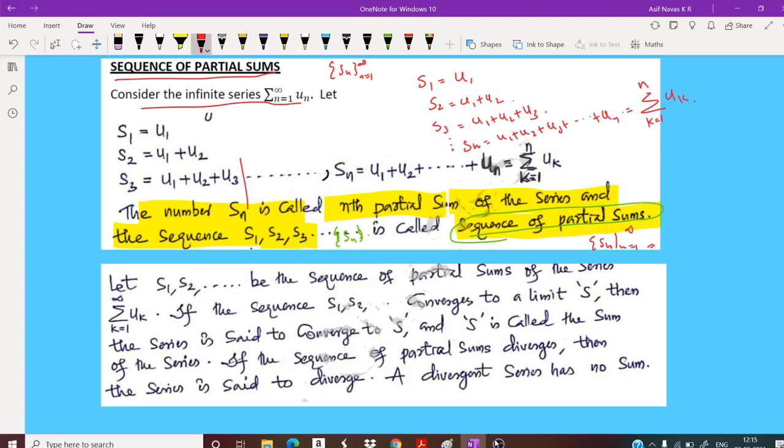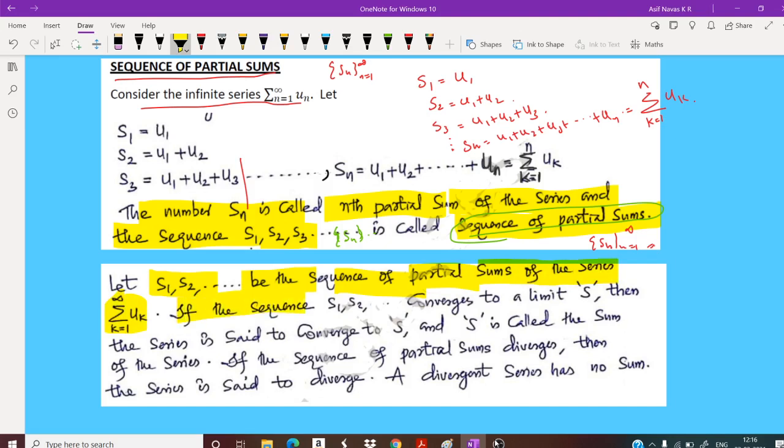Now, why do we define this sequence of partial sums? In order to check whether the series is convergent or not. Let S1, S2, etc. be the sequence of partial sums of the series sigma k equal to 1 to infinity uk.